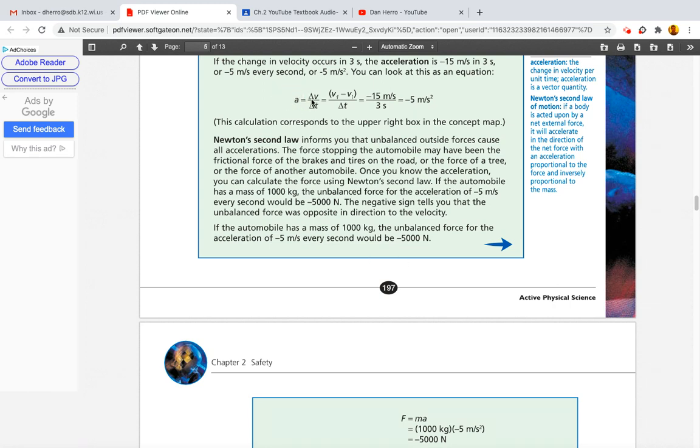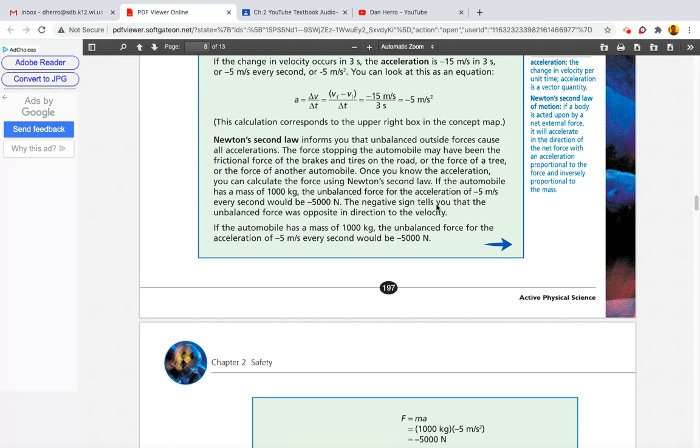Acceleration equals change in velocity over change in time, final velocity minus initial velocity divided by change in time. Now you have calculated your change in velocity, you've calculated your change in time. So you take your negative 15 divided by 3, and that equals negative 5 meters per second squared.